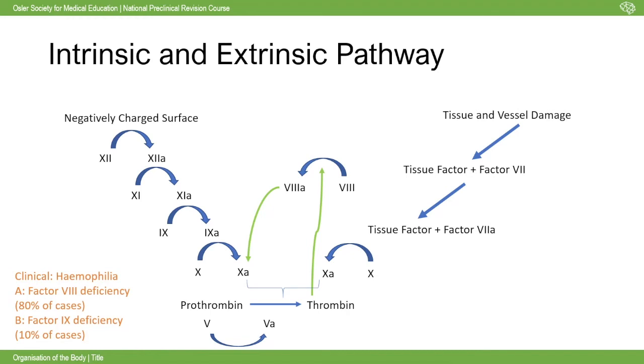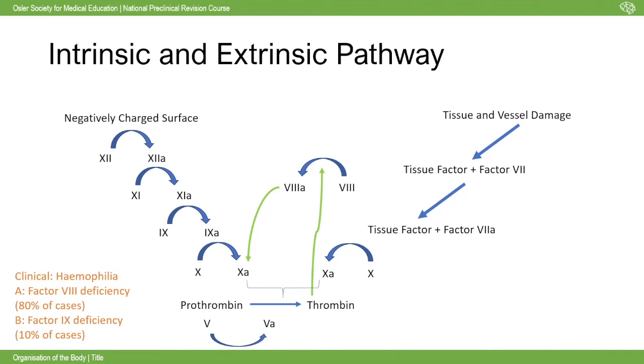clotting response. Alternatively, tissue and vessel damage leads to tissue factor release, and that's in the extrinsic pathway, our mechanism in terms of reaching our end point, which is factor 10A, which then converts prothrombin to thrombin. The green arrows, just to highlight those to you, are actually positive feedback loops.